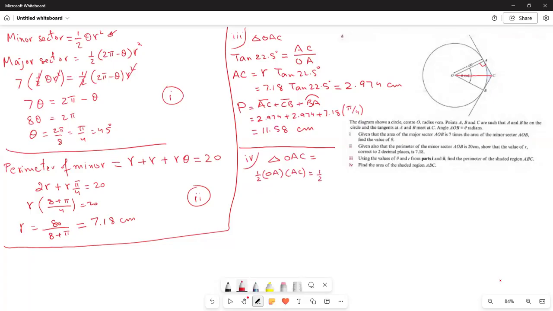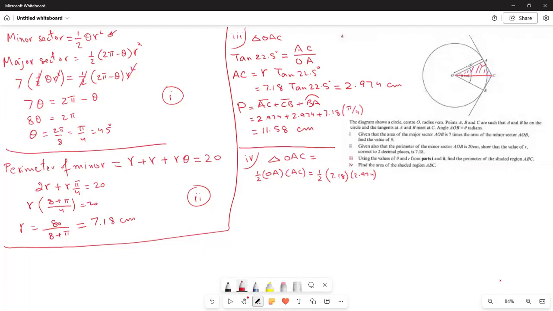So the area of triangle OAC is half, OA is the radius R, we found it as 7.18, and AC I found as 2.974. Okay, so this is the area of this triangle.